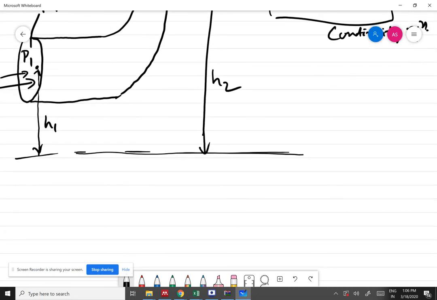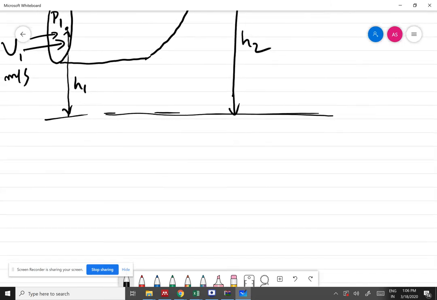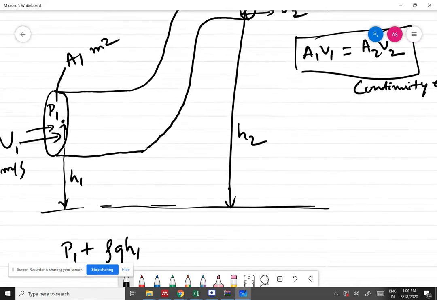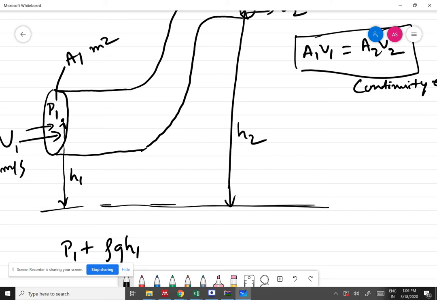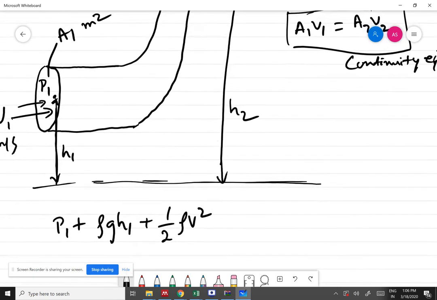Then the other equation is the energy conservation equation, which is given by Bernoulli's equation. Here the formula is P1 plus rho g h1, which is the potential energy at this point, plus half rho v1 squared, which is the kinetic energy of the water.